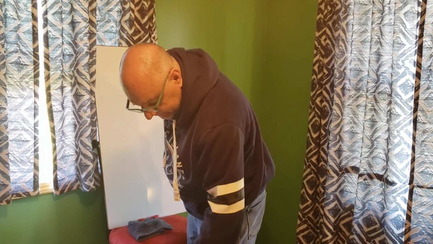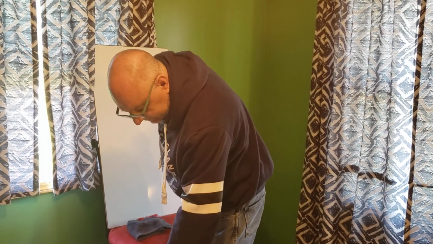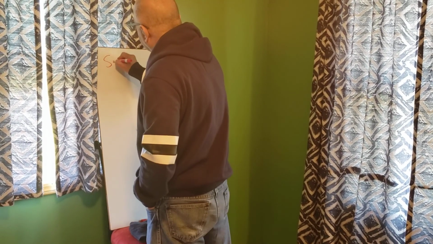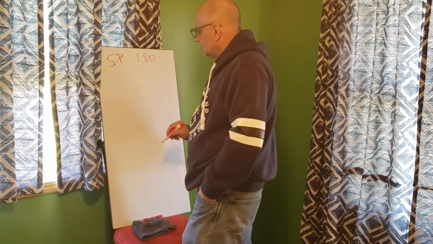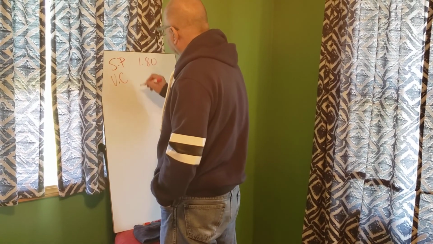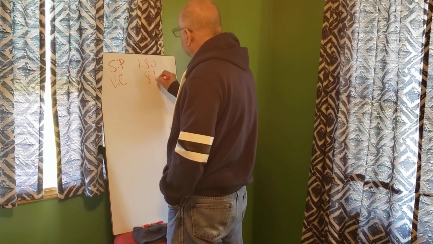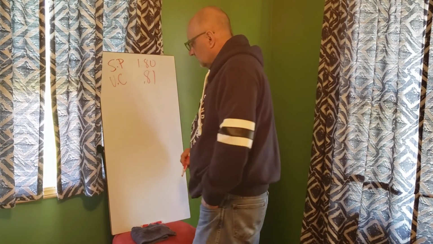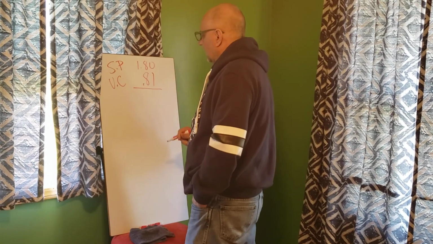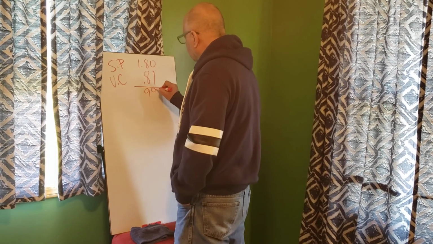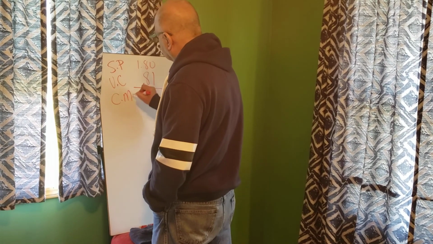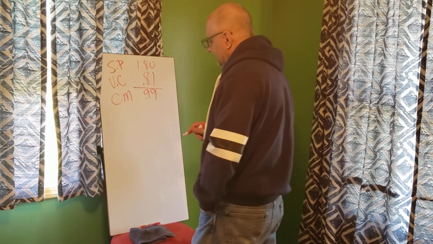What we have here in problem 27 is my sales price is $1.80 and my variable costs are 81 cents. And remember, sales price minus variable cost gives me my contribution margin of 99 cents.